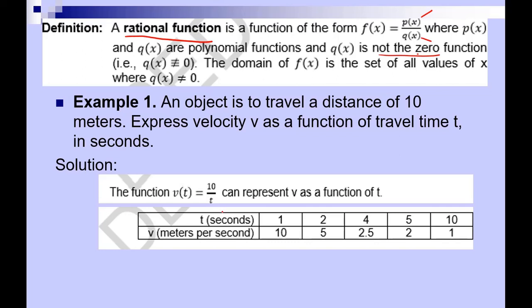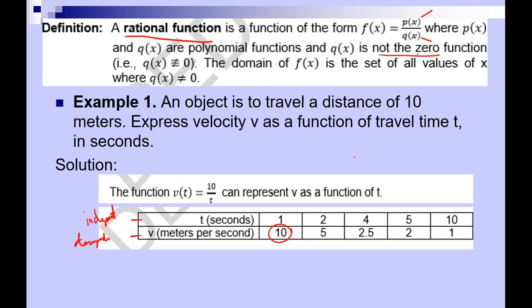So in our table of values, t is the independent variable, okay? We have the independent variable, which is t, and then we will have our dependent variable. So, if we let t is equal to 1, which is the time in seconds, we will have 10 divided by 1, that is, the velocity per second is 10.